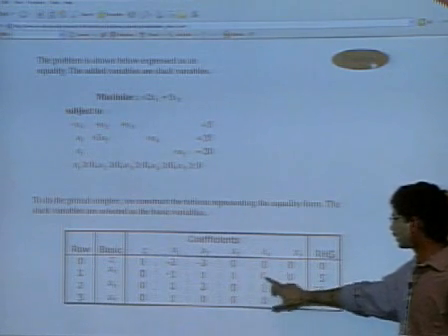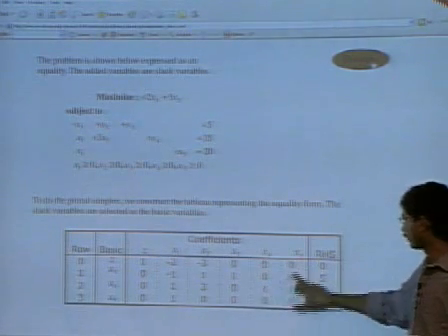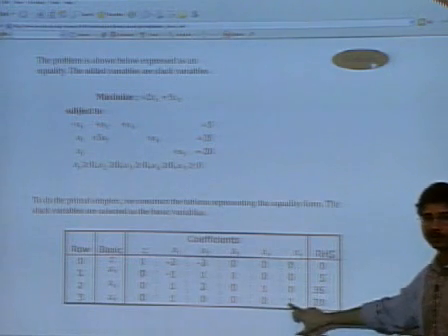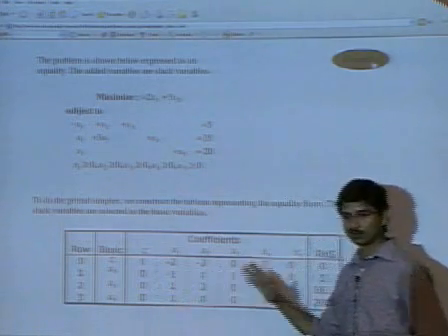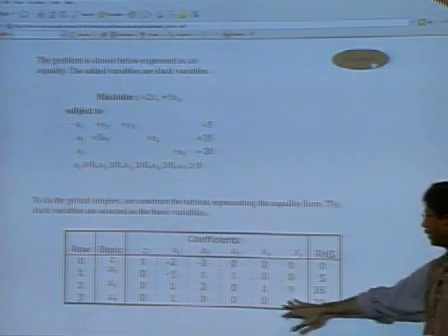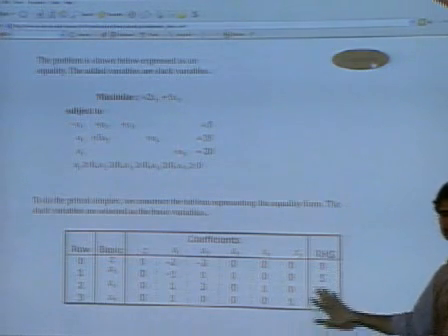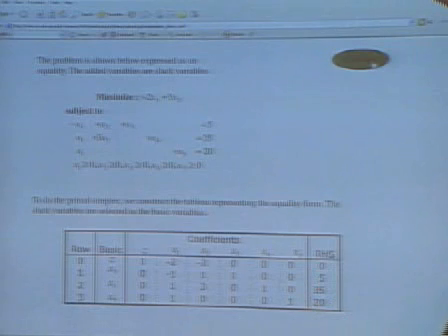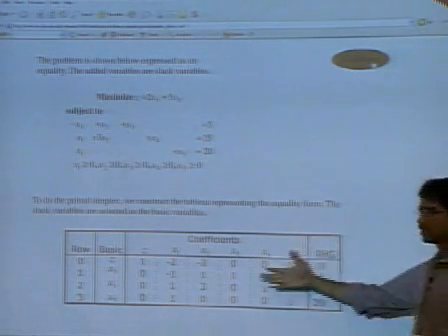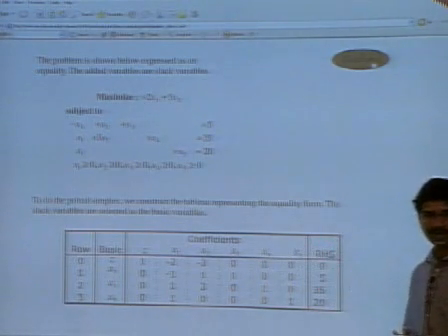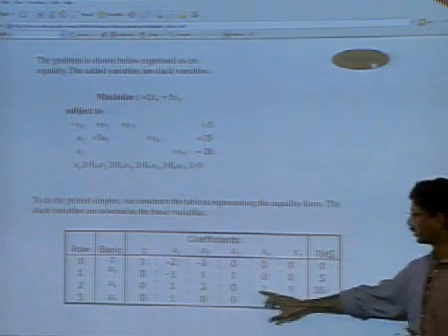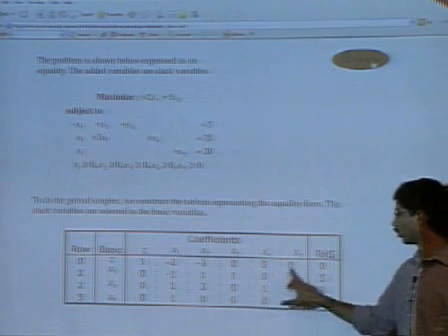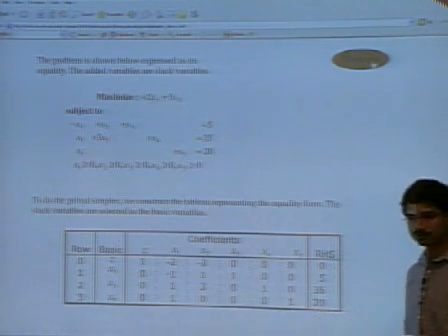Similarly, for the second equation, x4 is the basic variable. For the last equation, x5 is the basic variable. All the non-basic variables are assumed to have 0 values, and the basic variables have values equal to the right-hand side. And as we go from one iteration to the next, you will see that the basic variables change, and the column corresponding to basic variables will always look like one of these columns.